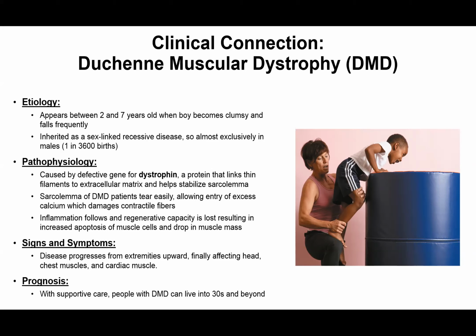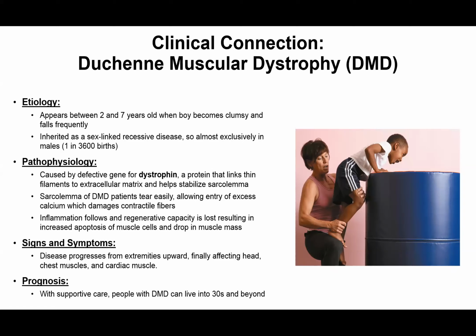If dystrophin is not being made properly, or not at all, then the thin filaments, the actin, can't be linked to the extracellular matrix, which is supposed to help stabilize the sarcolemma. This causes the sarcolemma to tear more easily, which in turn allows more calcium to enter muscle cells, which in turn damages our contractile fibers.